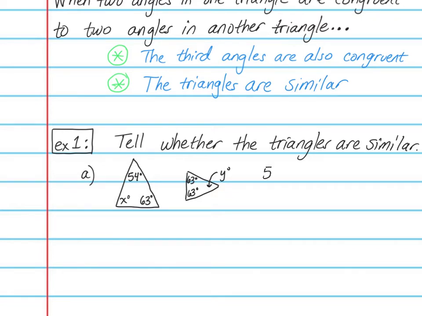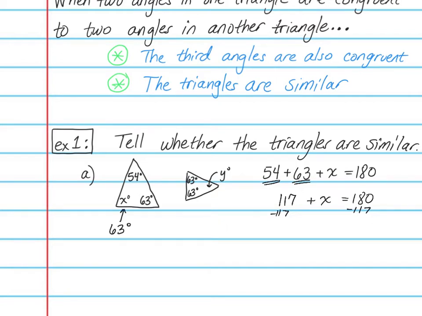I know that 54 plus 63 plus x is equal to 180. If I add 54 and 63 together, I get 117. So 117 plus x equals 180. Now we subtract 117 from both sides, and we get that x is equal to 63. So this angle here is 63 degrees.